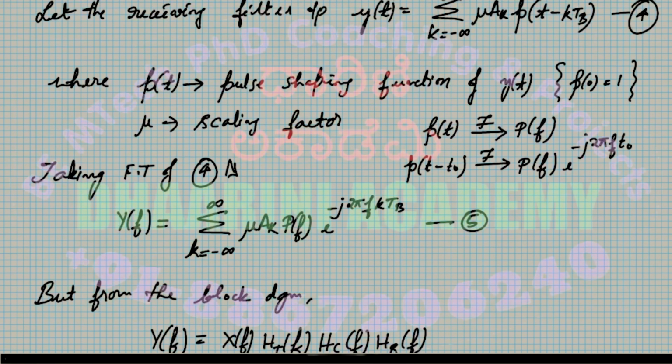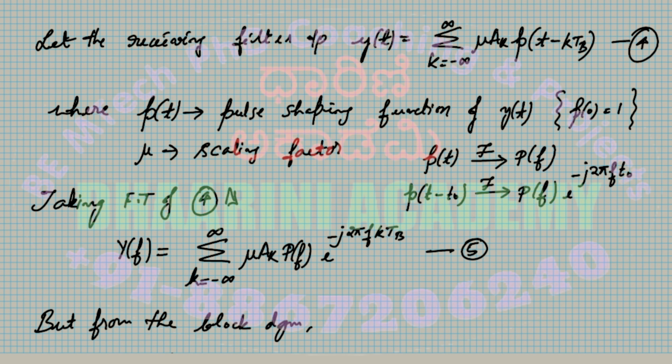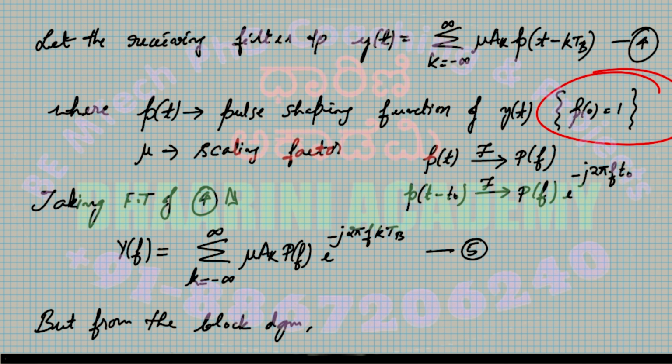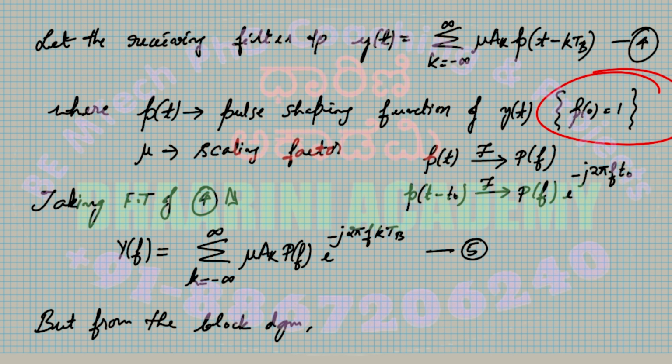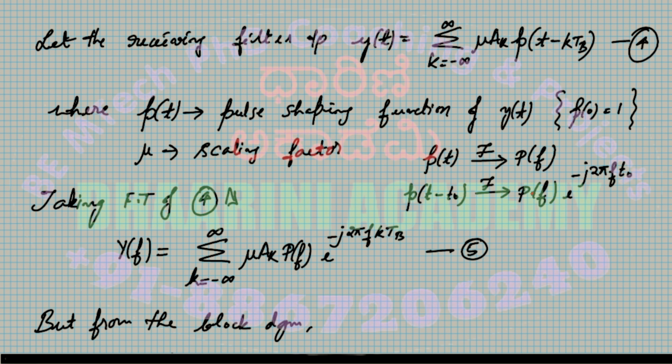Okay, now we know something. Already we assume that whatever may be the pulse P, it has one characteristic: that is P of 0 is equal to 1. In the sense, if I write inside the bracket 0, its amplitude will be 1. That's the central value. At the center of the pulse, it is always going to be 1. So that's the fundamental characteristic of the pulse.